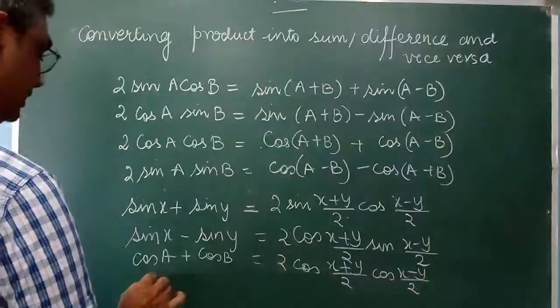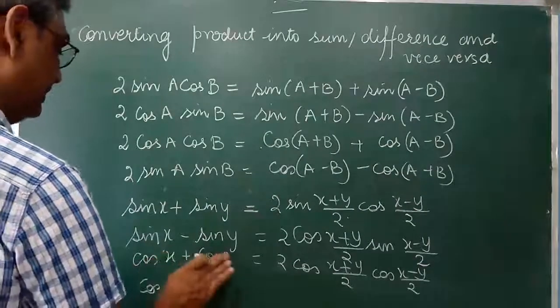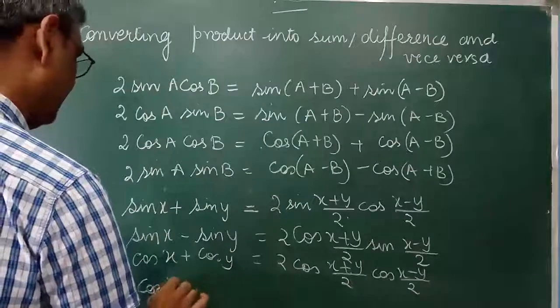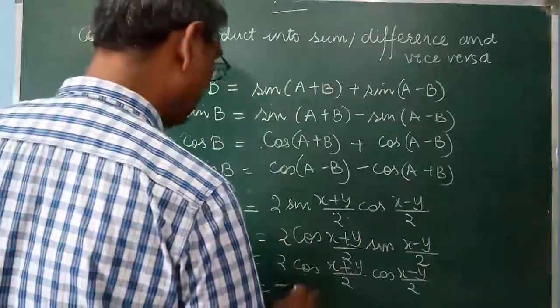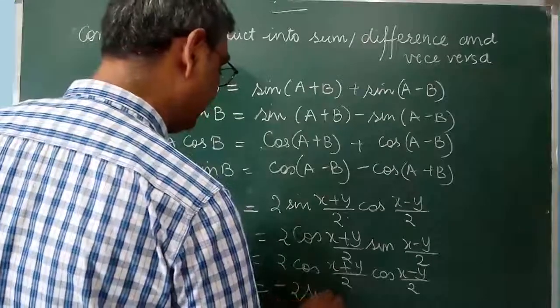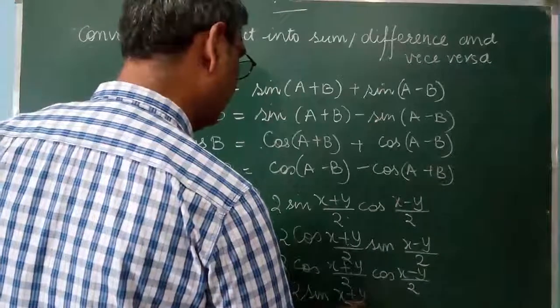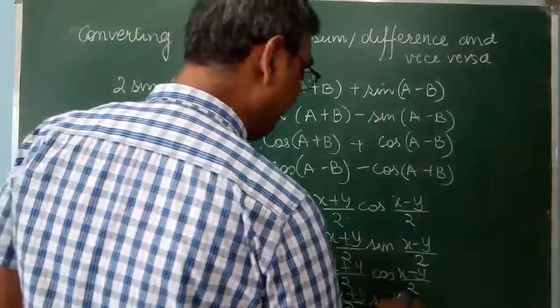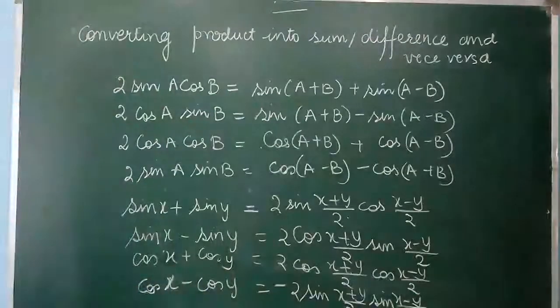And cos x minus cos y is equal to minus 2 sin x plus y by 2 into sin x minus y by 2. So here the minus sign will appear.